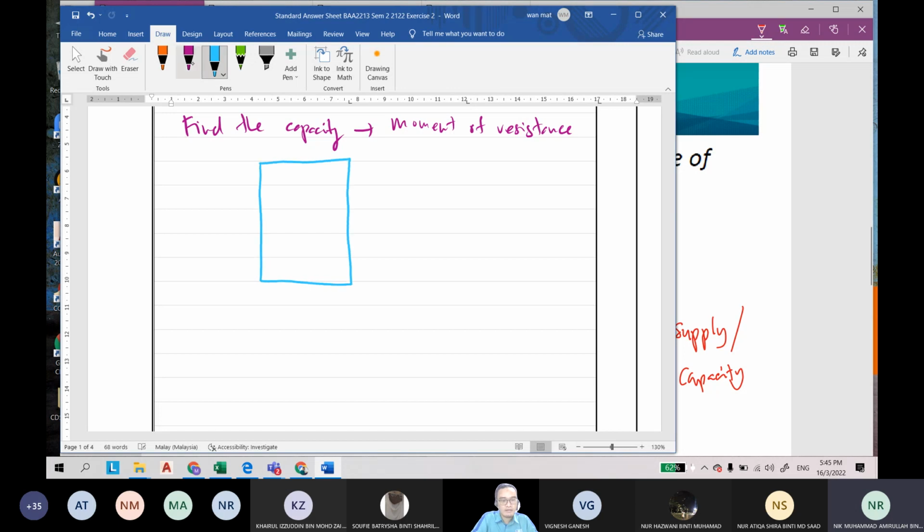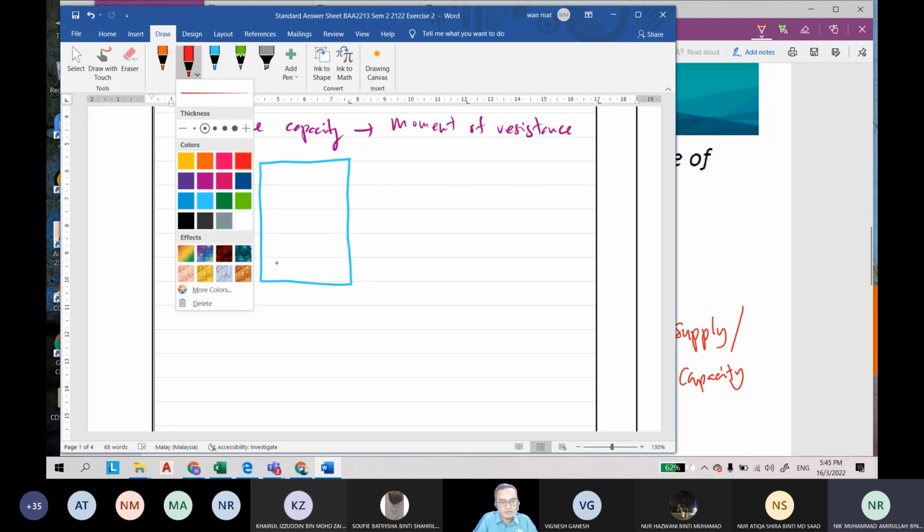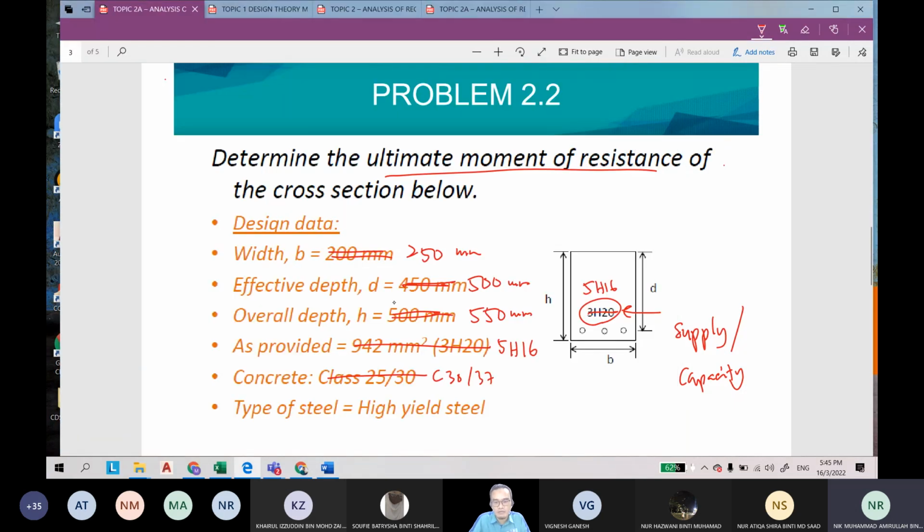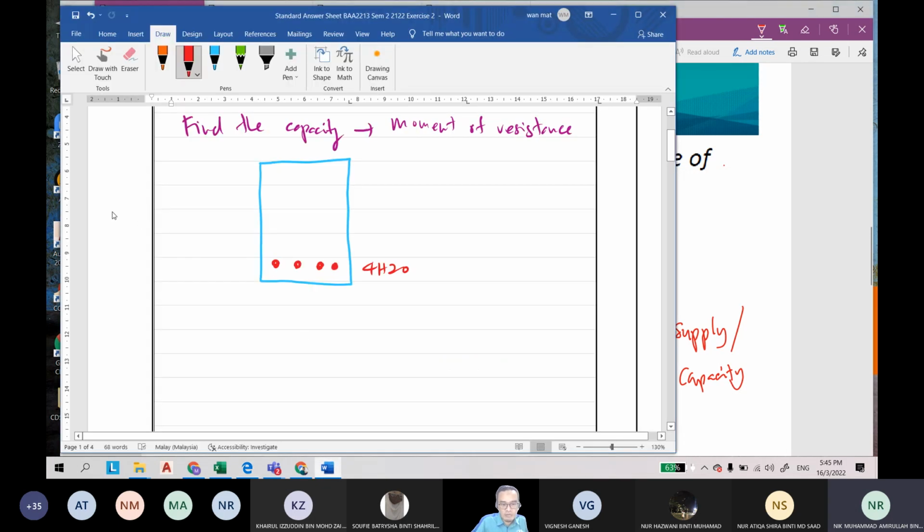Say you have the reinforcement 5H. Sorry, can we change it to 4H20? 4H20 is a better example. So this one is 4H20. One row, so it's at the bottom.